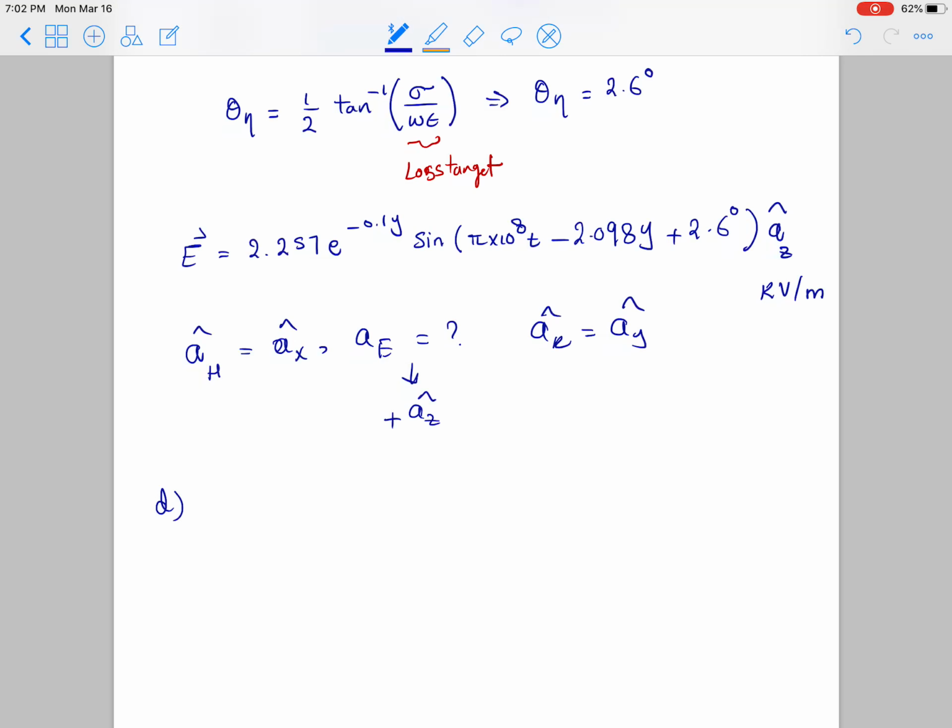So the last part is asking us to find the phase between the electric and magnetic field, which is exactly the phase of the intrinsic impedance here. So the phase difference, let me not confuse you with this formula, is 2.6 degrees.